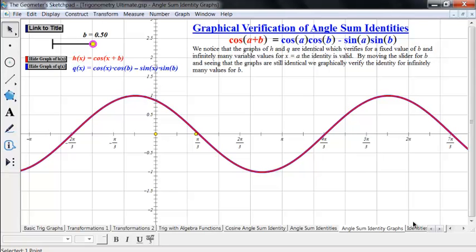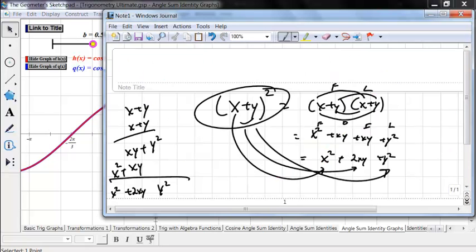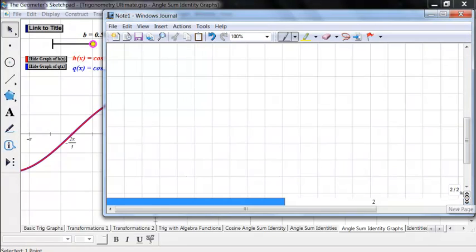Okay, let's do a couple other things here. Now we can use this to find some things like this. What is the cosine of, say, pi over 4 plus pi over 3?